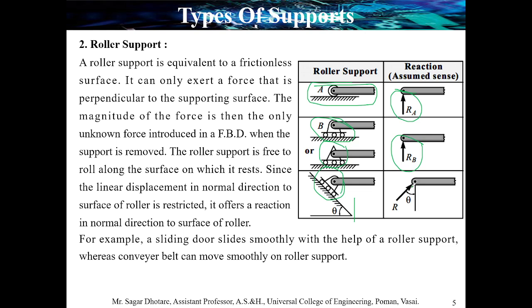Another example is a belt conveyor, where small and large raw materials can be transferred from one place to another. Normally it is used in applications like coal mines, where automated machinery is used; in those scenarios, conveyor belts are used.